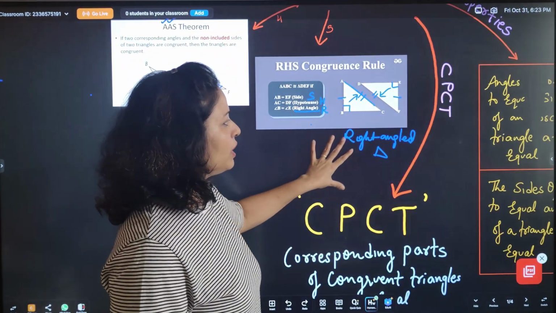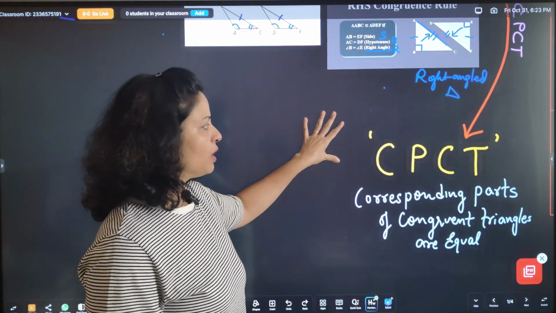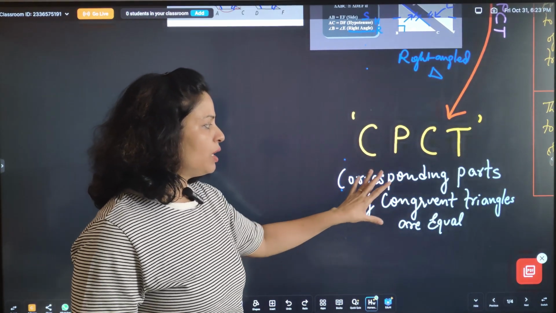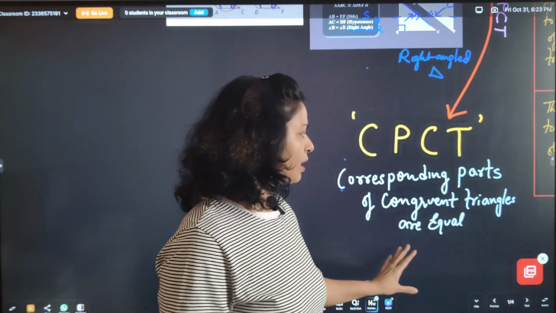After proving the congruency, I also explained CPCT, that is, corresponding parts of congruent triangles are equal.